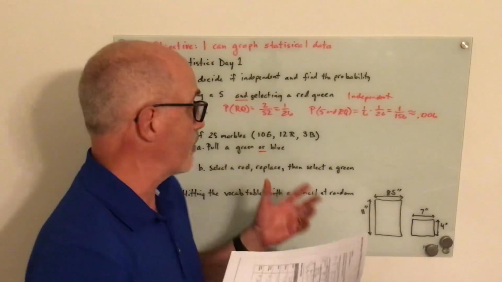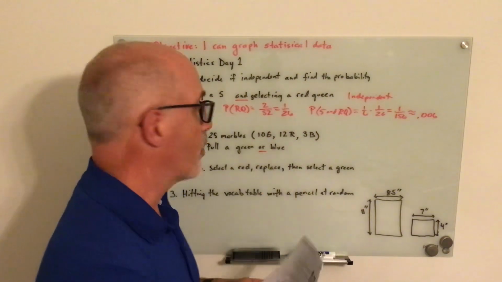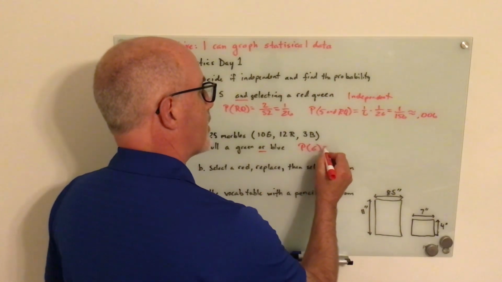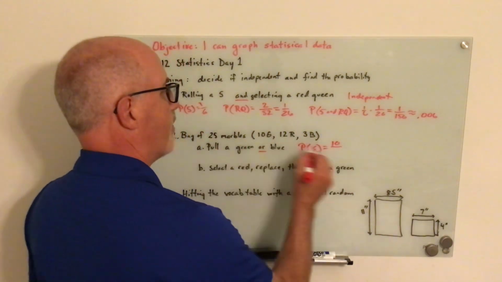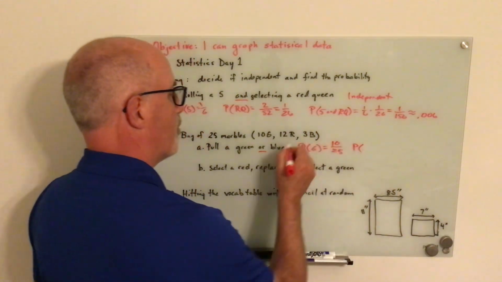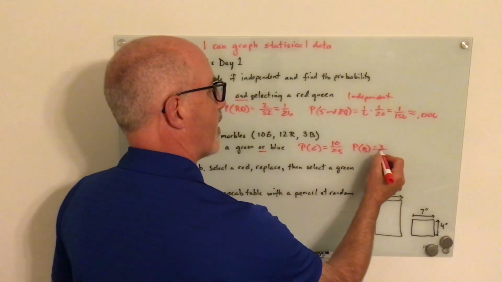It's either one of those. So the probability of a green is 10 out of the 25, and the probability of the blue is 3 out of 25.